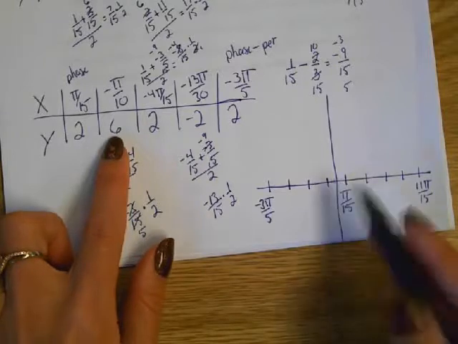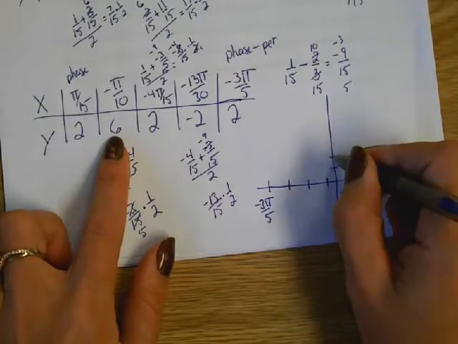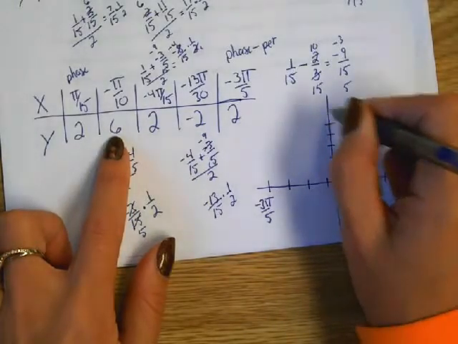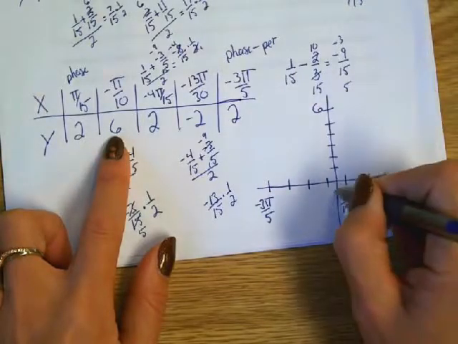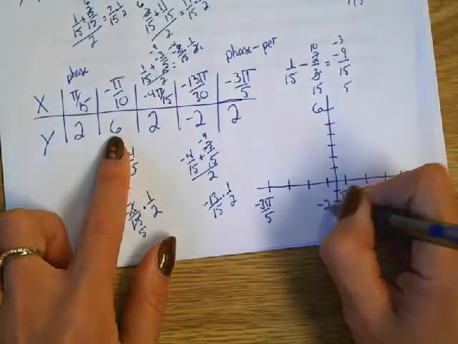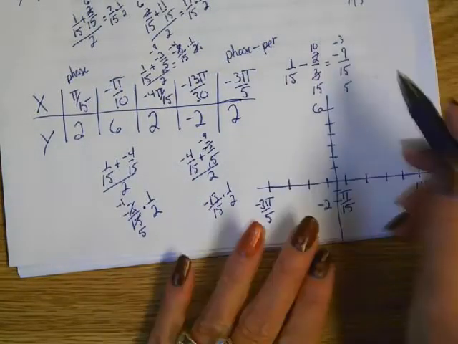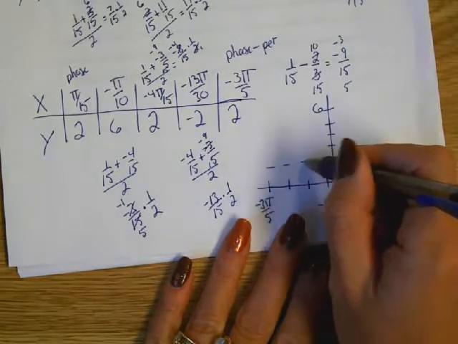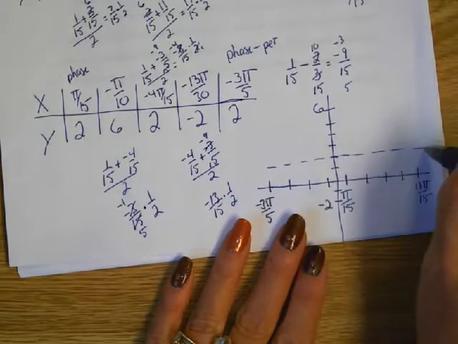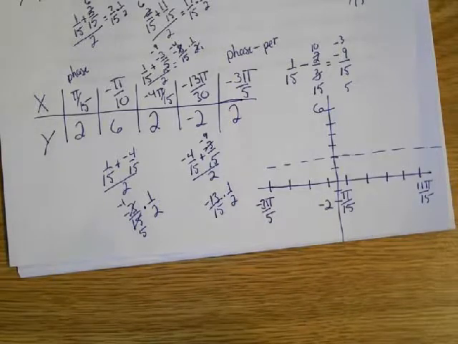Okay, now I've got to go up to a positive 6. And I've got to go down to negative 2. And I know my new axis is at 2. Everybody's with me so far? And now we're ready to plot points.